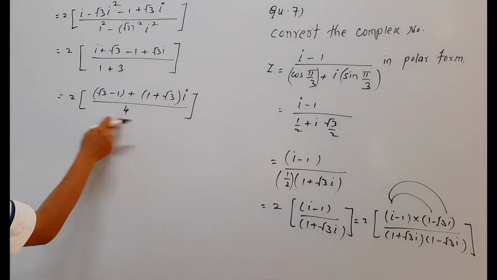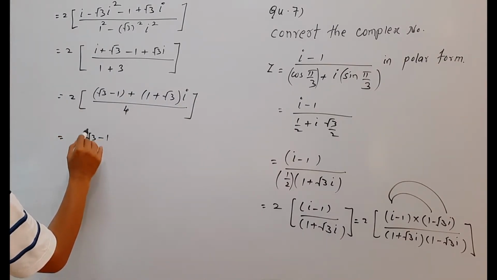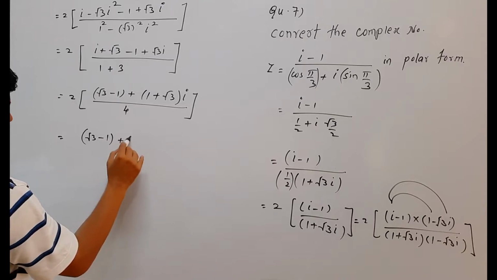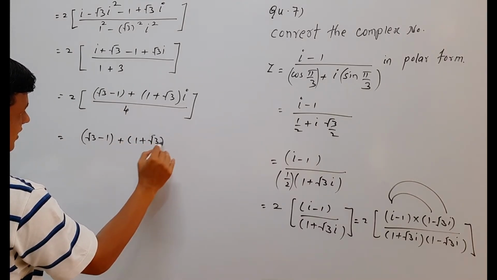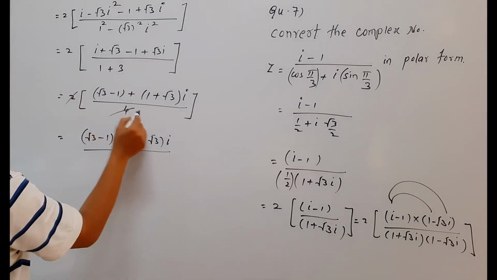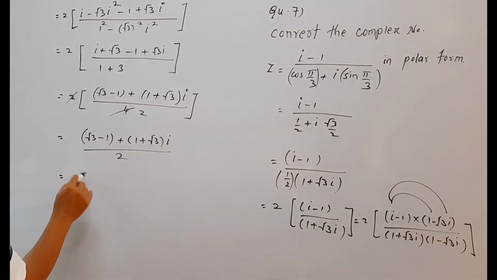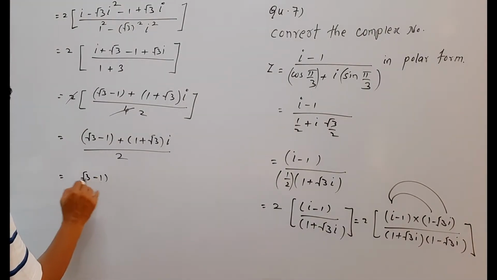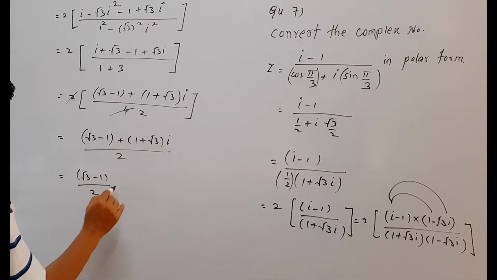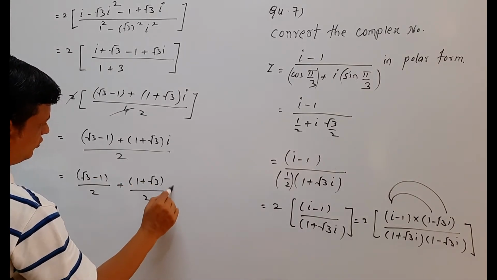So divide this 4 by 2, we get (root 3 minus 1 plus 1 plus root 3 into i) upon 2. When we divide this 4 by 2, we separate the base: (root 3 minus 1) upon 2 plus (1 plus root 3) upon 2 into i.